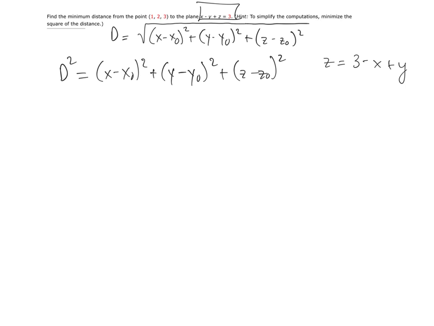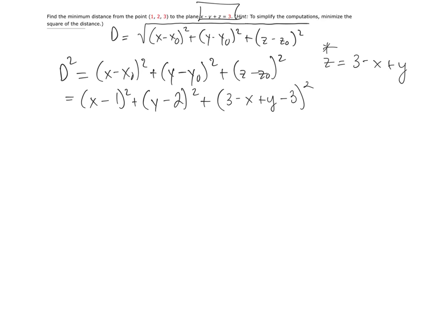So now I'm going to plug in the numbers for the knots. (x - 1)^2 + (y - 2)^2 + z, which is what we just solved, 3 - x + y. We're trying to only have two variables, not three, because the computation will be really complicated.